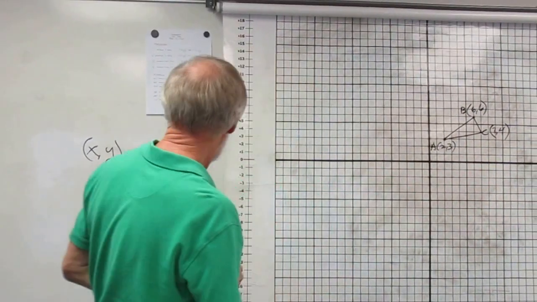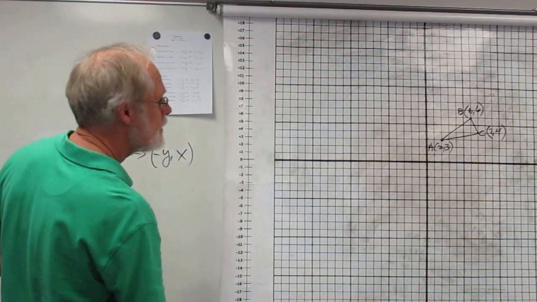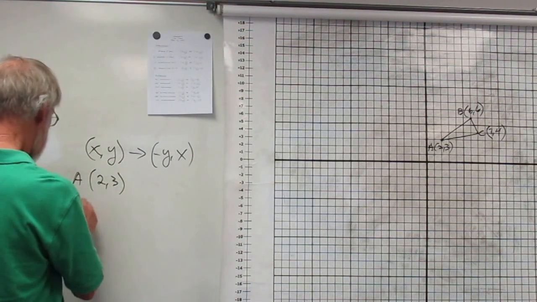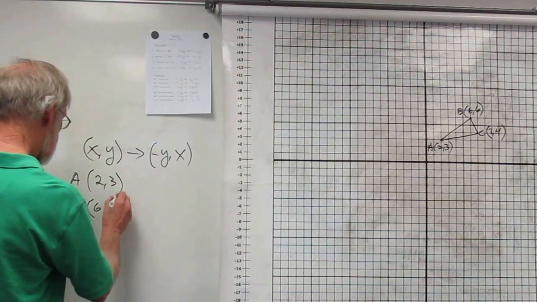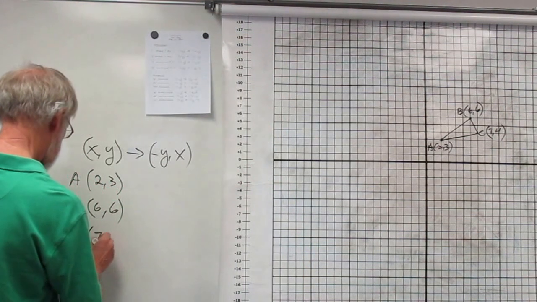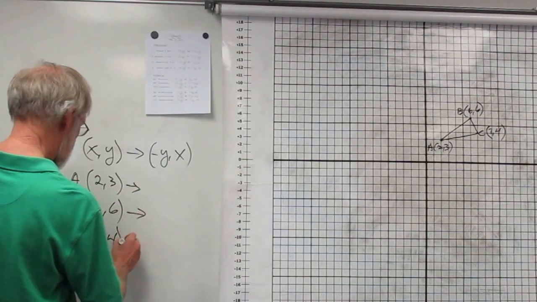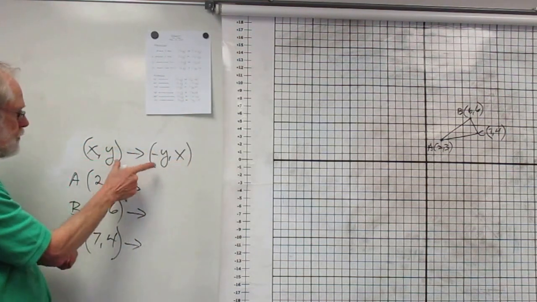All right, now I'm going to write those points down over here. So I have A is 2, 3, and B is 6, 6, and C is 7, 4. All right, now each of those is going to move according to, we said we were going 90 degrees counterclockwise, which is this.